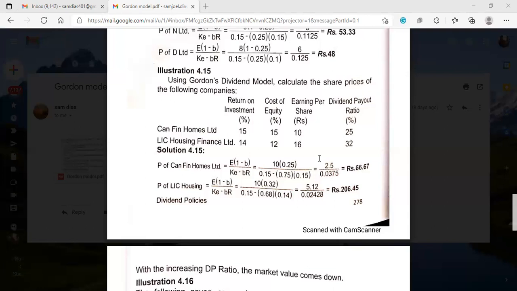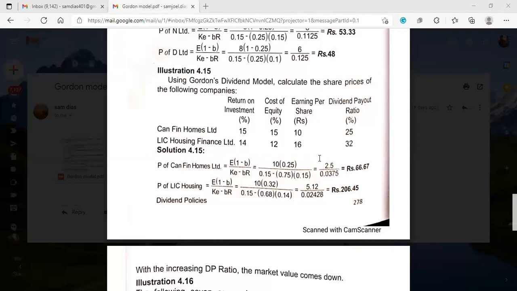E stands for earning per share. Earning per share is given in the problem, 10 for Canfin Homes Limited, and the dividend payout ratio is given, that is 25%. When the dividend payout ratio is given, the rest of the part will be the dividend retention ratio.